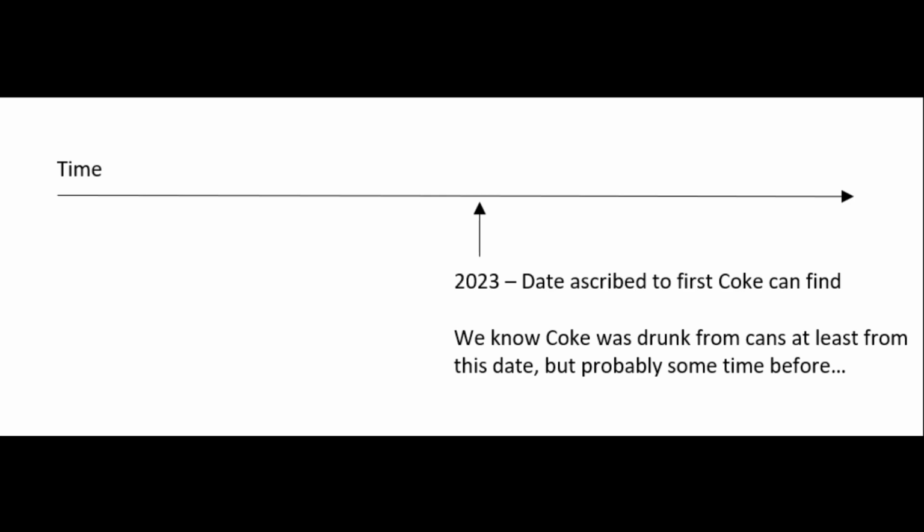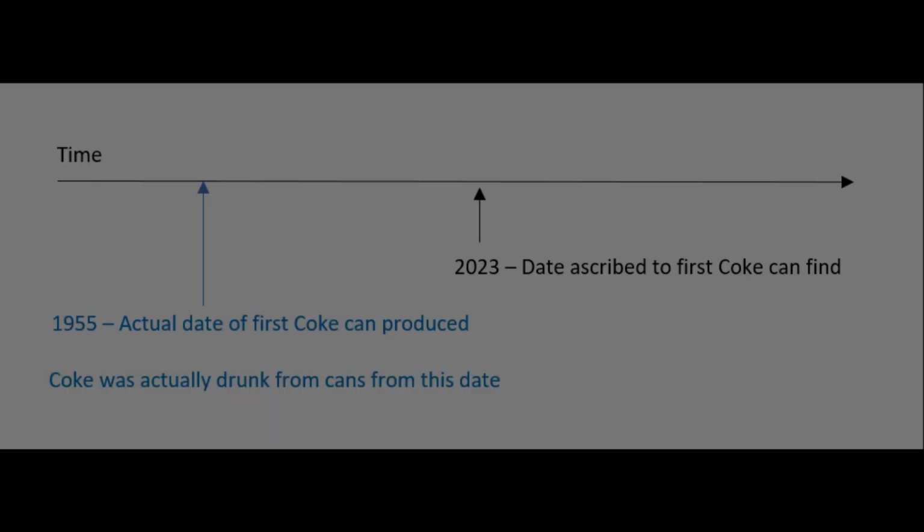Yet you could reasonably safely say that this was not the first Coke can produced. Common sense would tell you that. All you could say from the vantage point of 3023 was that Coke had been sold in cans for some time before 2023. How long before, though, you would not know.